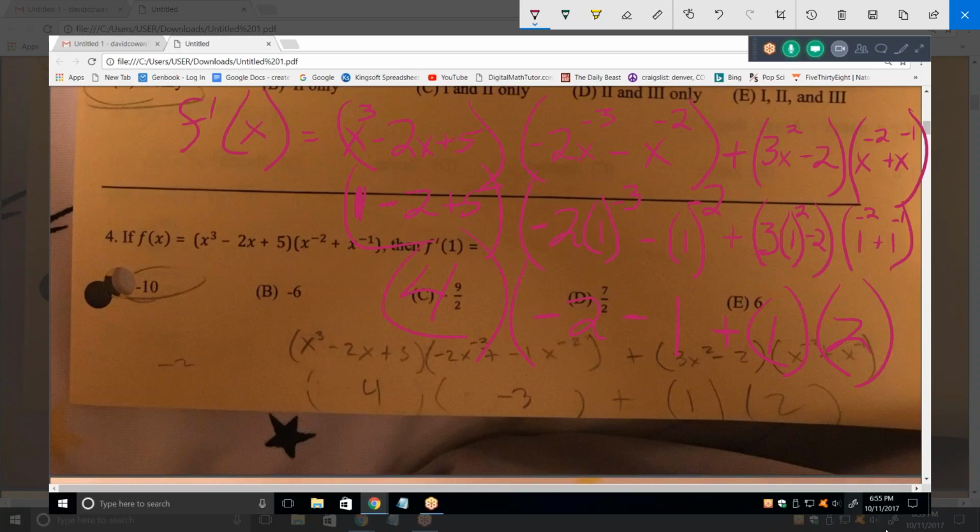Well, I've made a mistake in my arithmetic here. It should still work if you just put parentheses around it, around minus 2 minus 1. Well, that's minus 3. Plus 2 is minus 1.